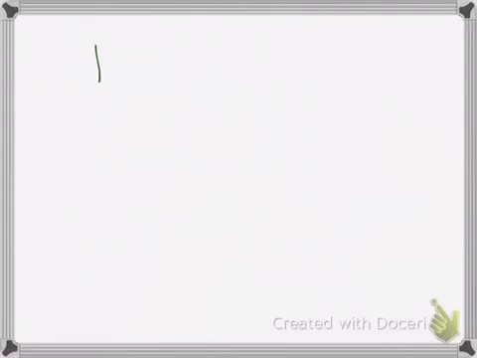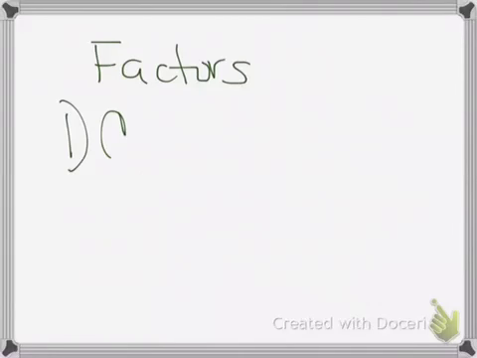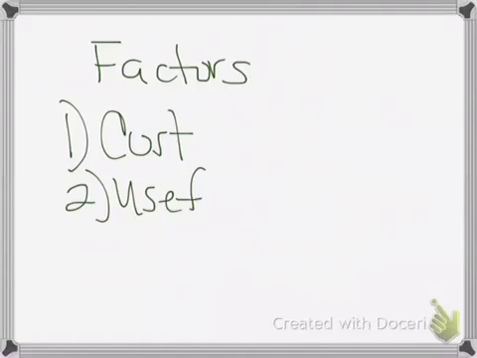Now, we've already looked a little bit at depreciation, but I do want to go into the factors that we have in computing depreciation. What we look at is we have cost, we will have the useful life, and useful life could be in years. Useful life could also be in hours.